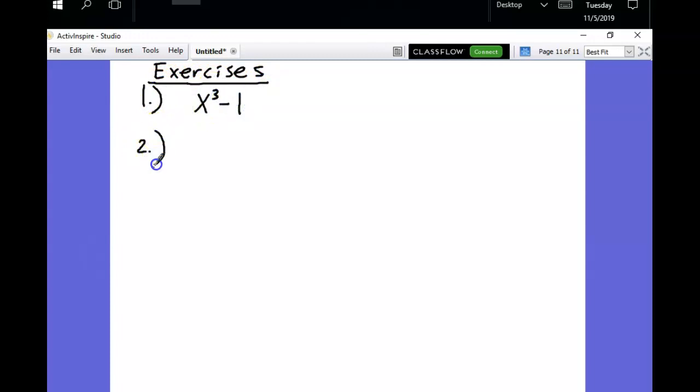Number 2, x cubed plus 27. And number 3, 27x cubed minus 125. Go ahead and do those 3 exercises and add those to your notes, and that's a total of 10 points.